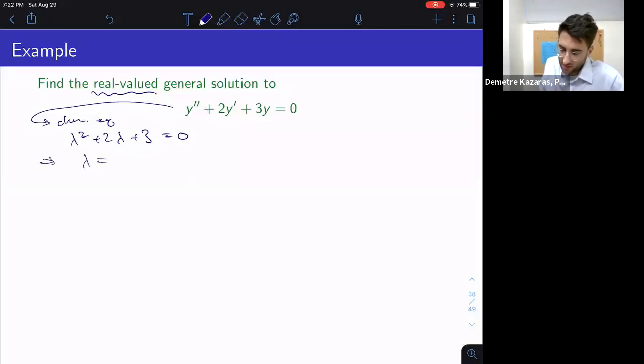So lambda will be equal to -2 plus or minus the square root of 4 minus 12, over 2. And so I got -1 plus or minus the square root of -8, which is -1 plus or minus i times the square root of 8.